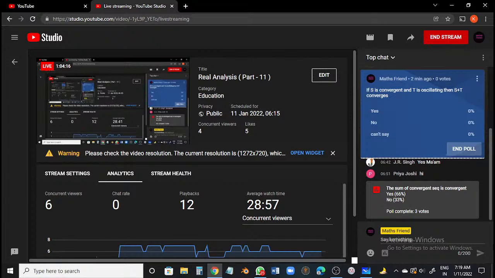The question is asking what will happen to S plus T if one sequence is convergent and the other is oscillating.